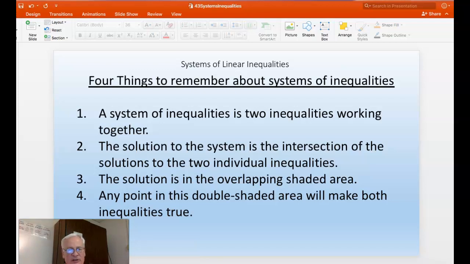The solution is the overlapping shaded area, and any point in this double shaded area will make both inequalities true. That's the solution.